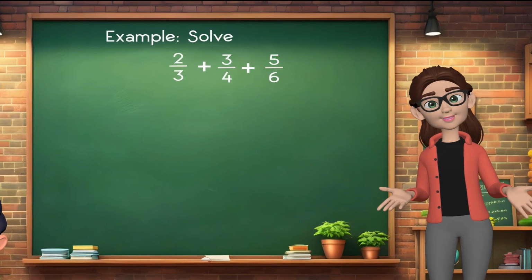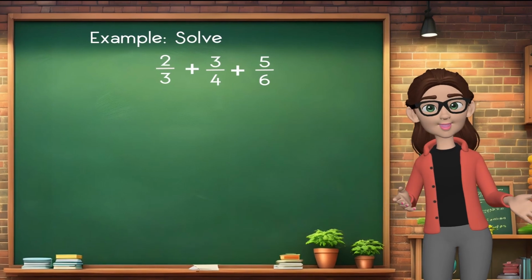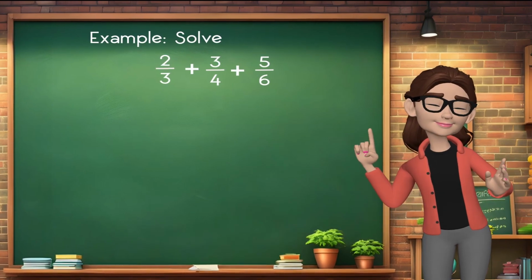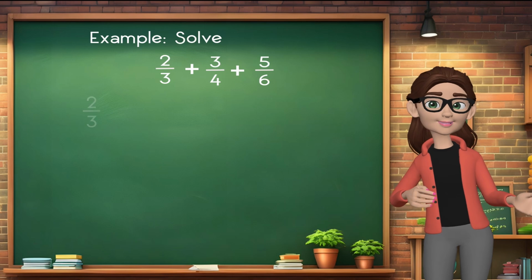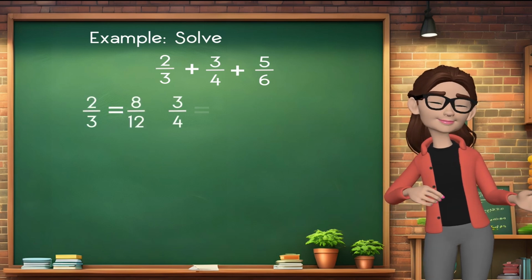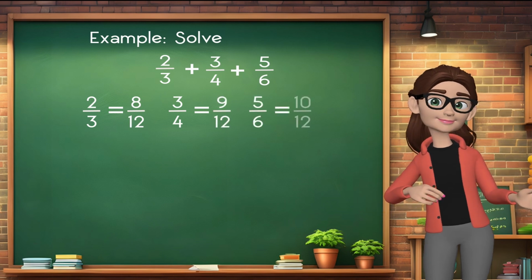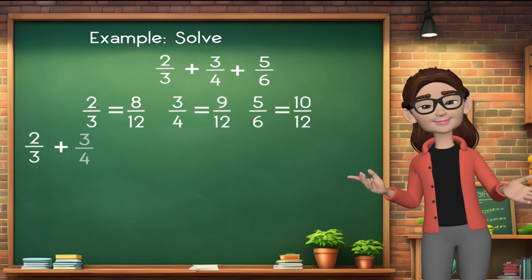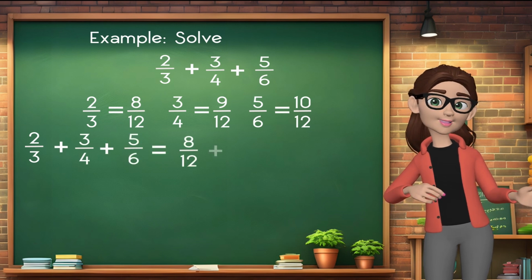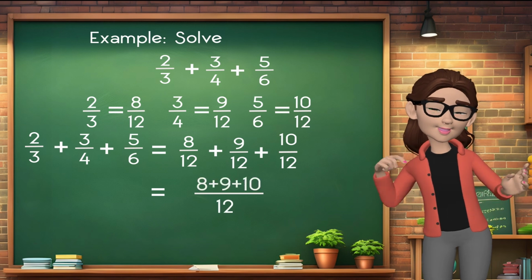Here all are unlike fractions, and we have already found that the like fractions are 8/12, 9/12 and 10/12. For adding like fractions, we just add the numerators and we get 27/12. After simplifying, we get 9/4.